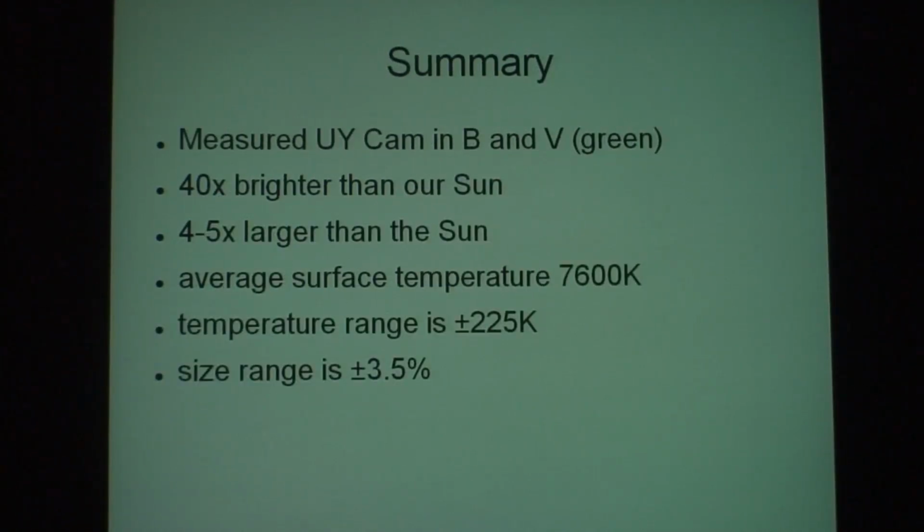So we have a diagnosis. We've measured the brightness of the star in B and V. We've determined that it's about 40 times brighter than the sun and about 4 or 5 times as large as the sun. Its average surface temperature is 7,600 degrees, but it goes up and down, plus or minus 225, and its size changes by about 3.5%.